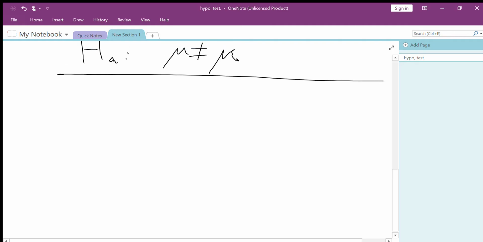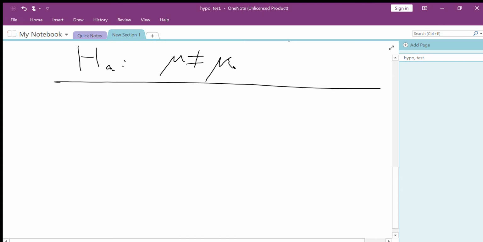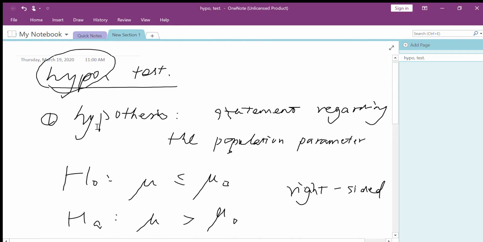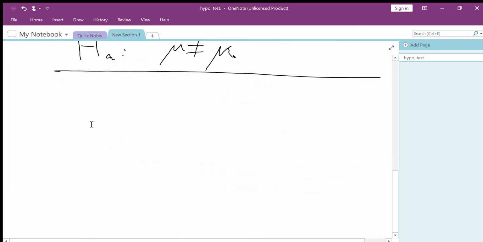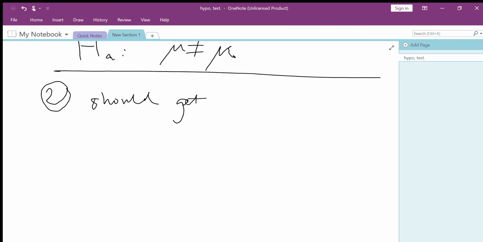So after we know the terminology of hypothesis, we should remind ourselves that we should get a random sample from population.